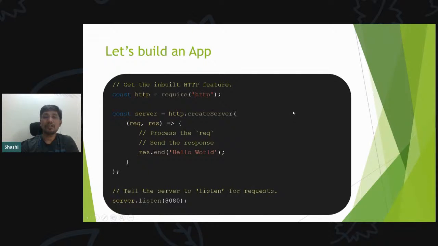And we are telling the HTTP library to go ahead and create a server for us, and whenever the server gets a request from a client, execute this method. Simple as that. And then at the end, we were telling it to go ahead and start my server, start listening for connections from the browser on port number 8080.